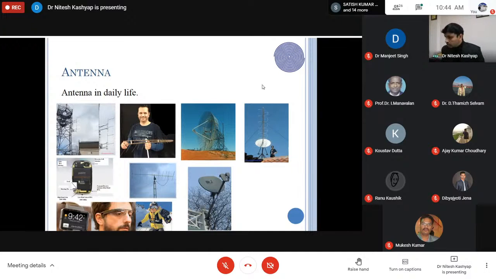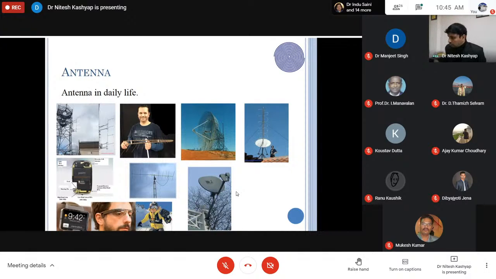I have shown some antennas here, like the dish antenna, the TV reception antenna, the dish TV antenna, the mobile antenna and the smartwatch, everything we are using right now, from morning to night. Every wireless system has an antenna. Even though the antenna is not visible in that device, it is there.